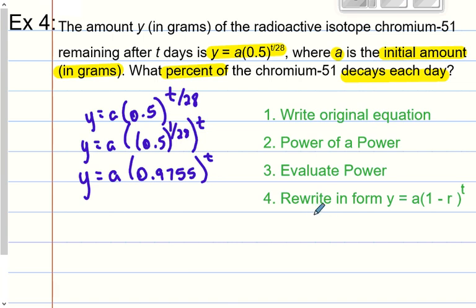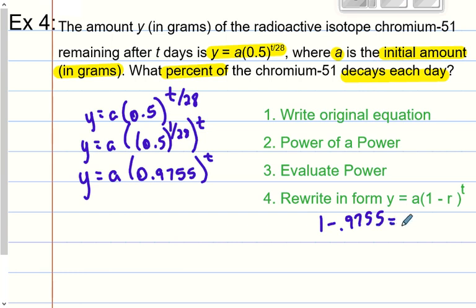Now, this number 4 says rewrite in the form of y equals A times 1 minus r to the t. Well, I have this right here. To figure out how to write that in the correct form, we're actually going to take 1 and subtract 0.9755.